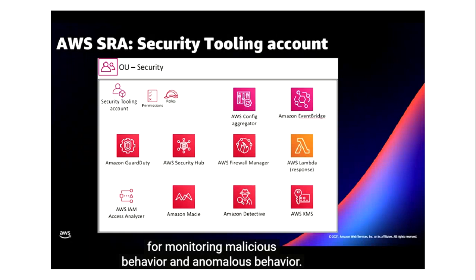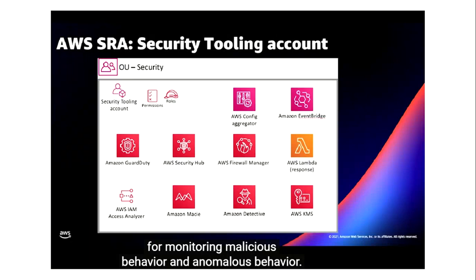We're going to have an operation unit security, and in the security, obviously we're going to have IAM roles, permissions, and also config aggregations, EventBridge for the events, GuardDuty for threat monitoring, Security Hub for all the security management, Firewall Manager for the firewall configurations, Lambda for the state function.